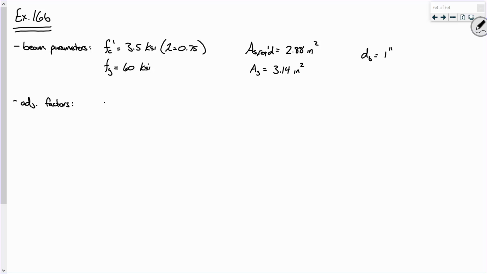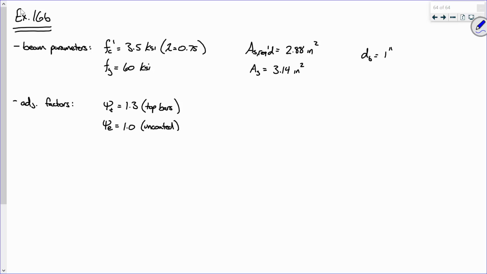Now, our adjustment factors. Let's take them one at a time. What's psi t equal to? It's 1.3. The easy way to describe why is because those are top bars. Okay? What is psi sub e? 1. Uncoated. All right?